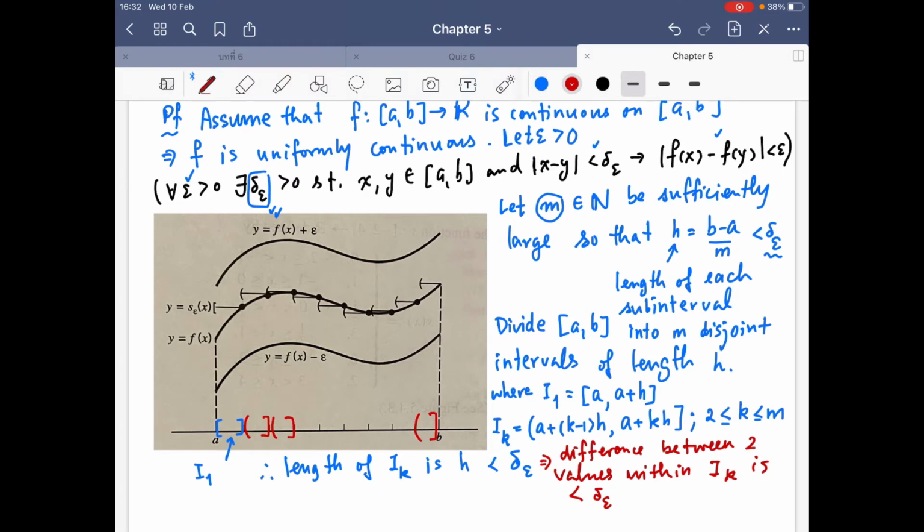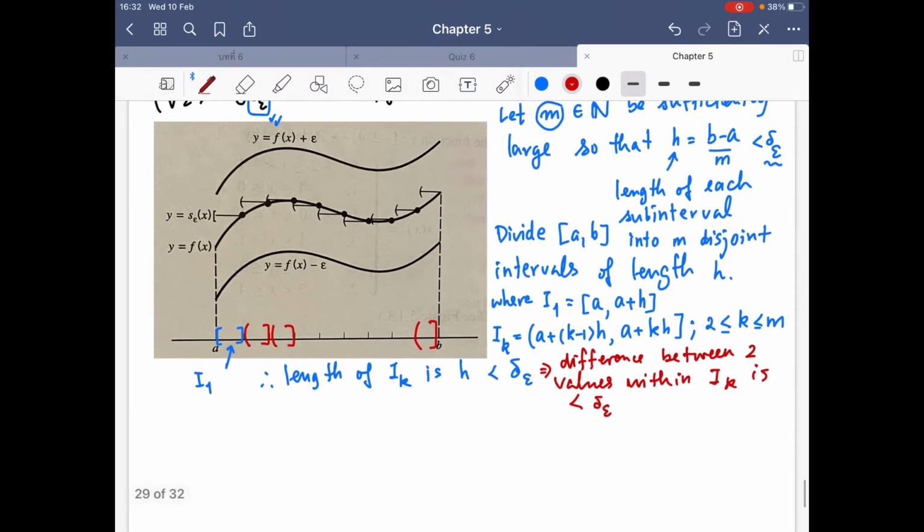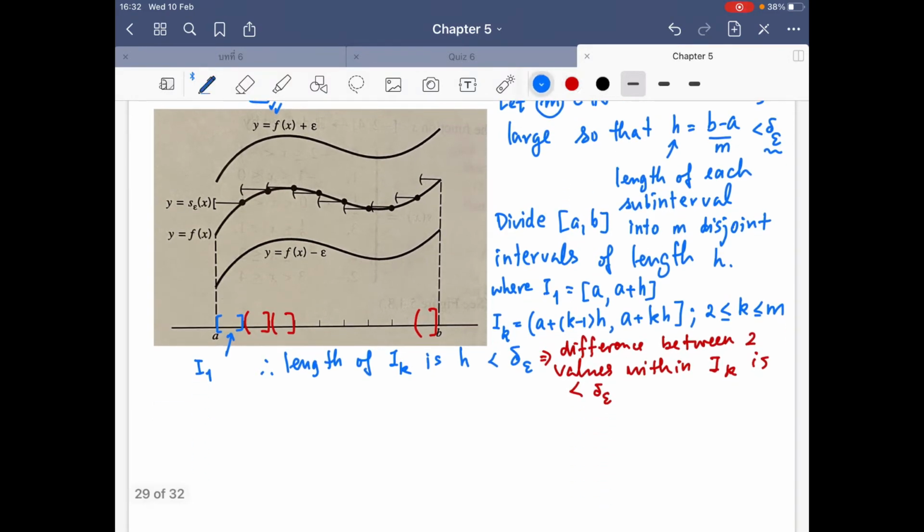This is something that we can notice. So we are going to define s epsilon, which depends on that epsilon, to be f at the point a plus kh.